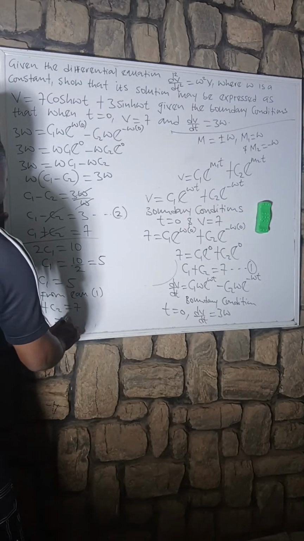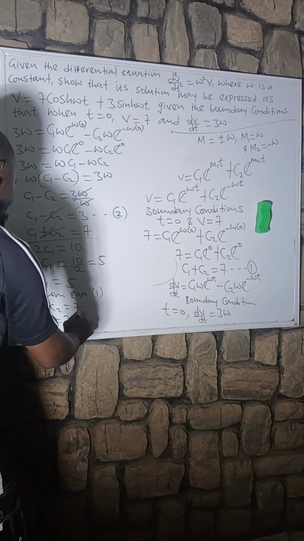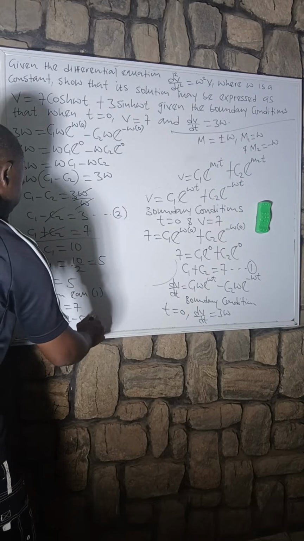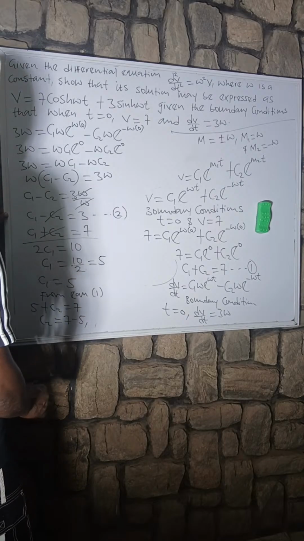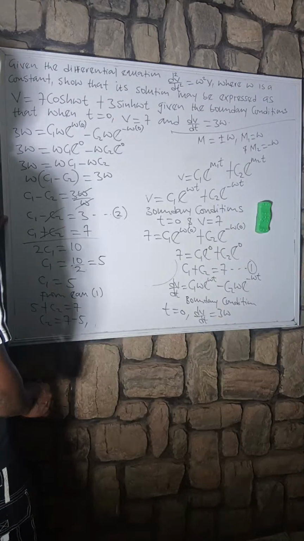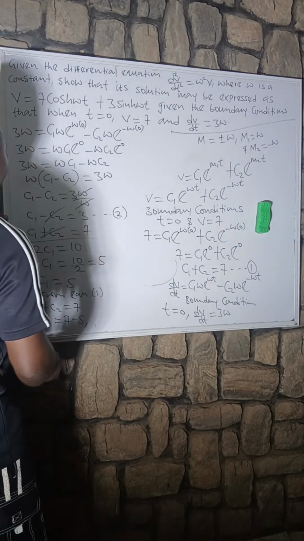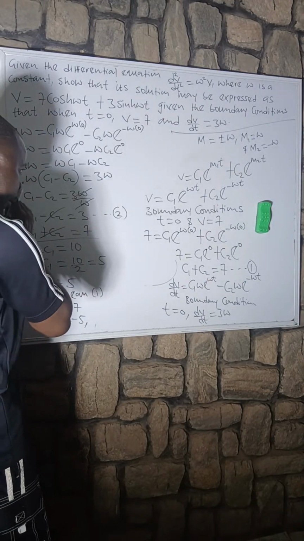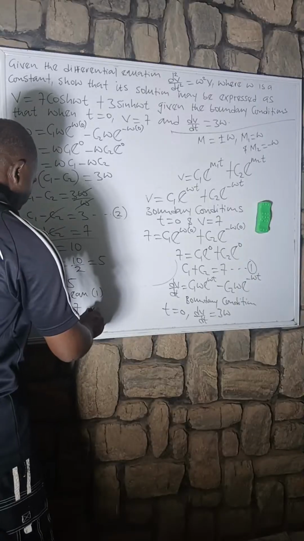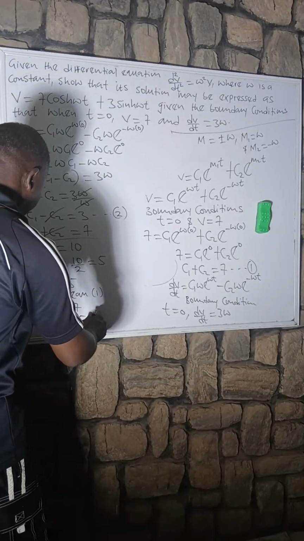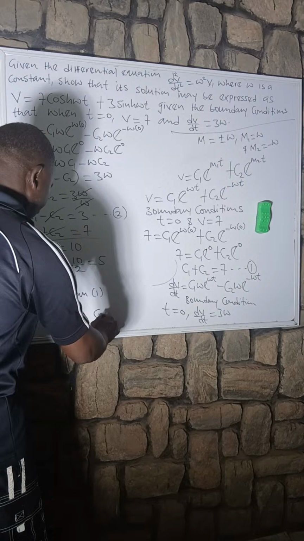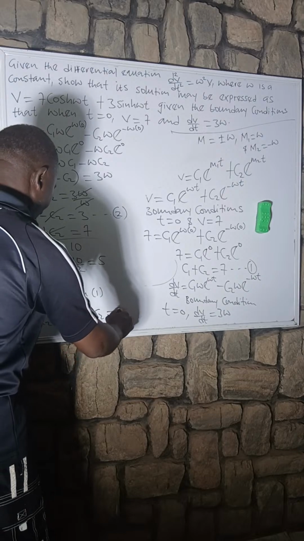Then c2 will now be 7 minus 5, which is equal to what? 2, right? Am I right? Equals 2, right? So c2 is equal to 2.